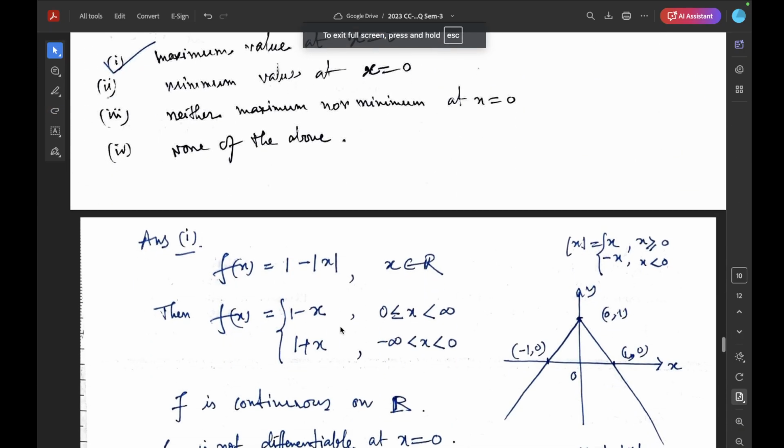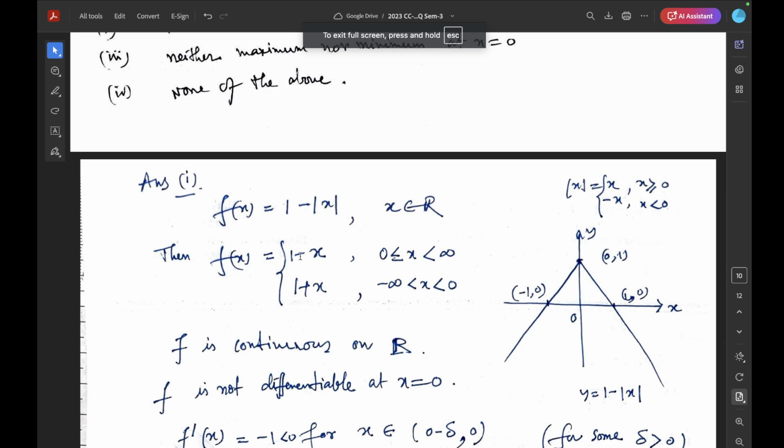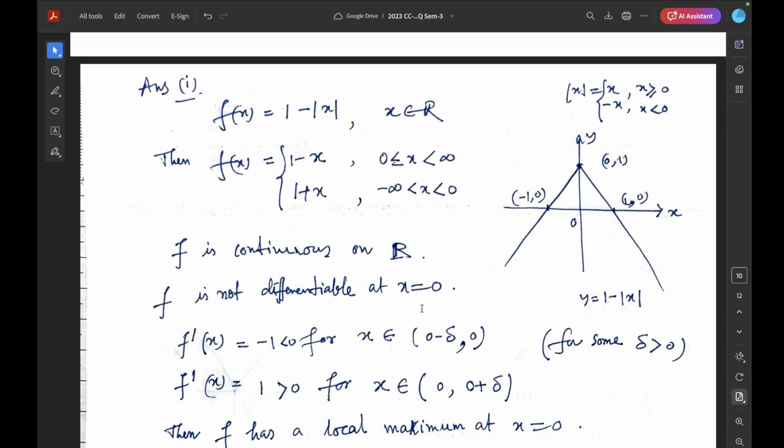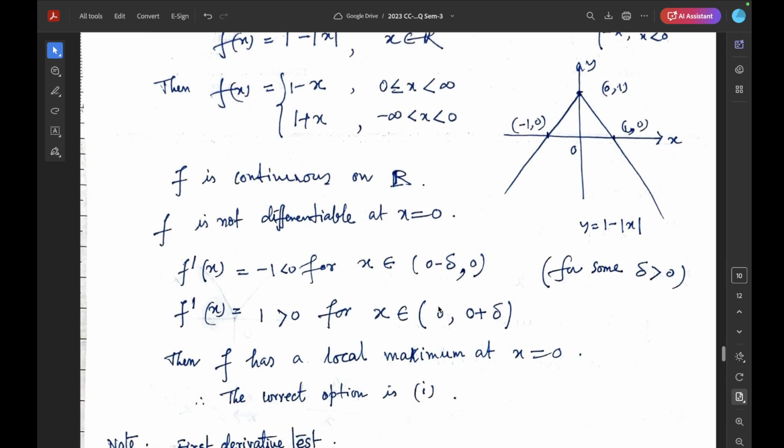f(x) equals 1 minus x for 0 less than or equal to x less than infinity, and 1 plus x for minus infinity less than x less than 0. f is continuous everywhere on R. f is not differentiable at x equal to 0.